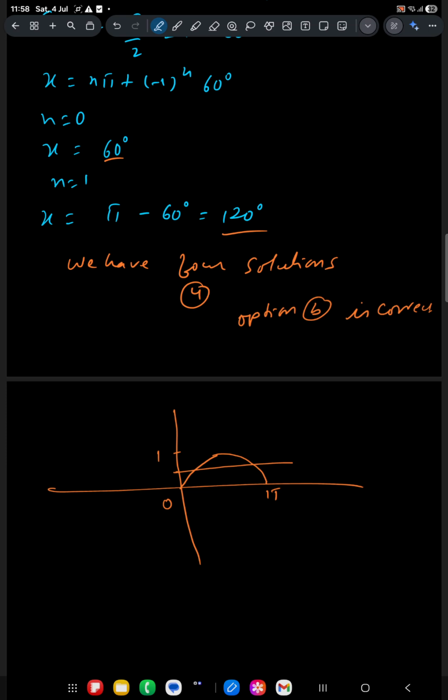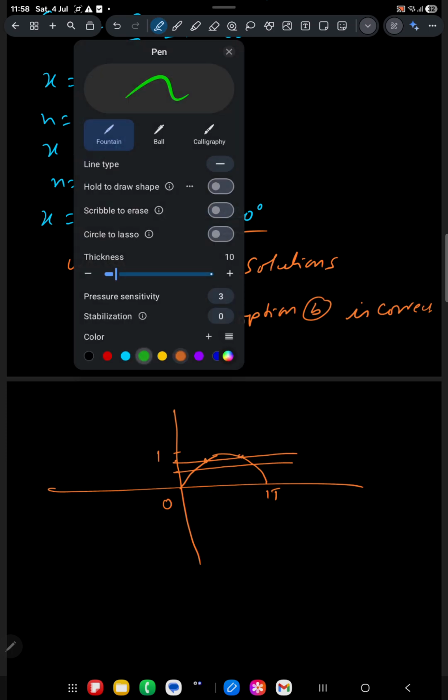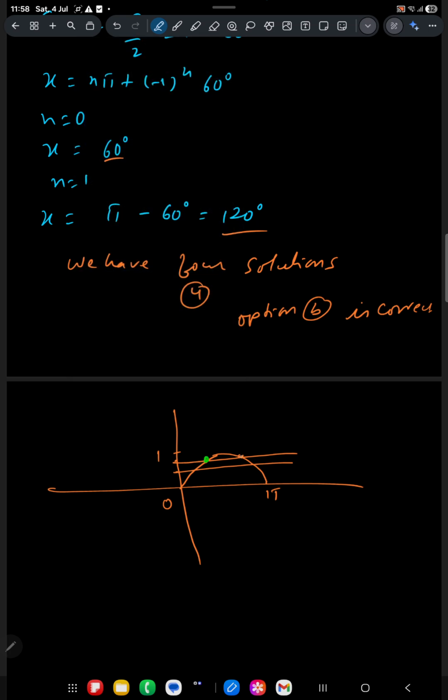Root 3 by 2 means 1.7 upon 2, that is about 0.8, so somewhere here, and if we draw a line we get this. So in the interval 0 to pi you can see 1, 2, 3, and 4 solutions. Two are for sin x equal to root 3 by 2, and two are for sin x equal to 1 by 2. This way also. Thank you.